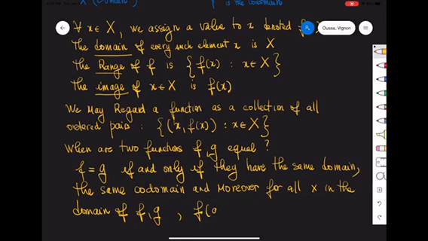That's f of little x is equal to g of little x.